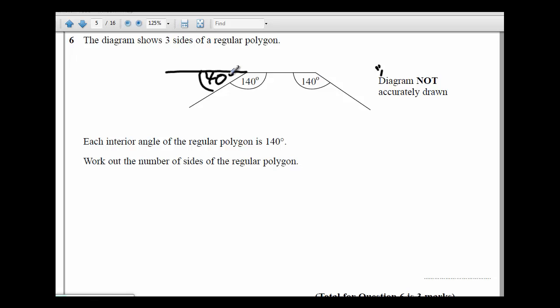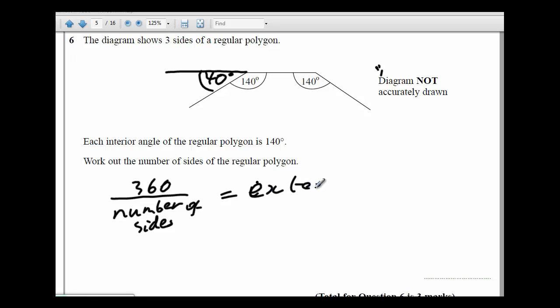Now the key formula I need is that 360 divided by the number of sides equals the exterior angle.